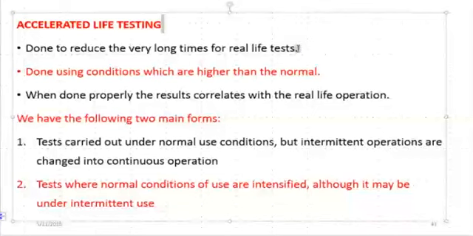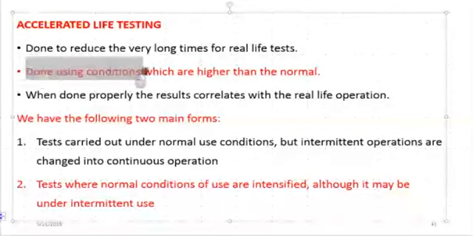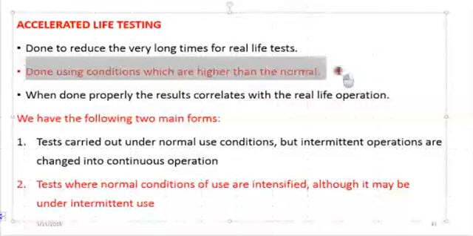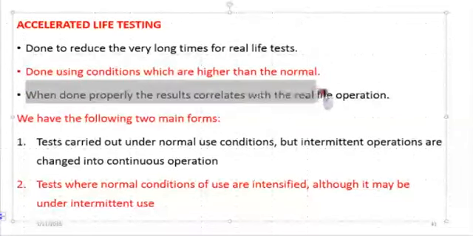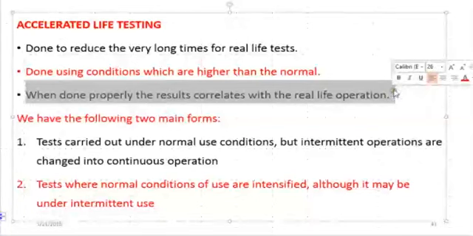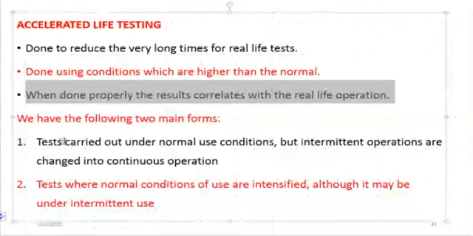You have to subject it to a condition that, if it passes, is equivalent to the test of those 3 years. It is done using conditions which are higher than what? The normal. Because if you increase the level of the conditions, you can reduce the time for testing. And when this accelerated life test is carried out properly, the results obtained will correspond to the results that will be obtained in real life testing.